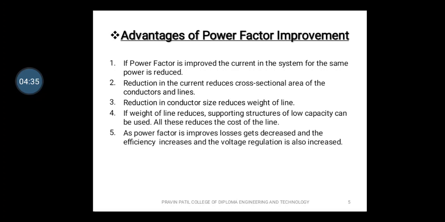Reduction of the cross sectional area also reduces the weight of the conductor as well as the cost of the line or conductor. Reduction of load current also reduces copper losses, that means I square R losses. Hence, as power losses are less, efficiency is high, while voltage regulation is less.